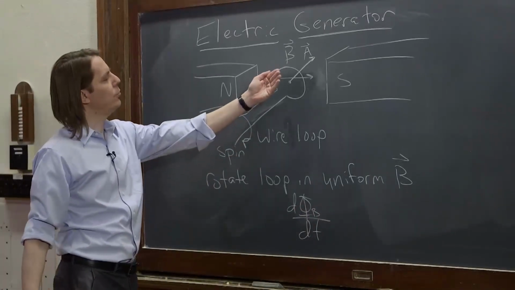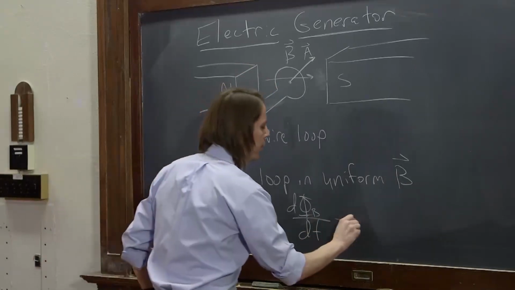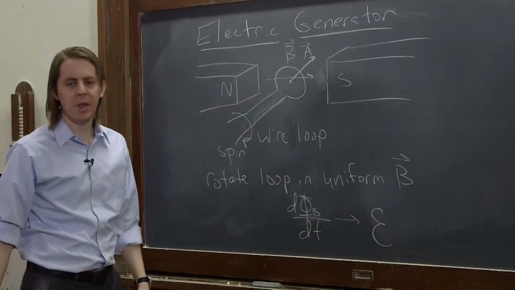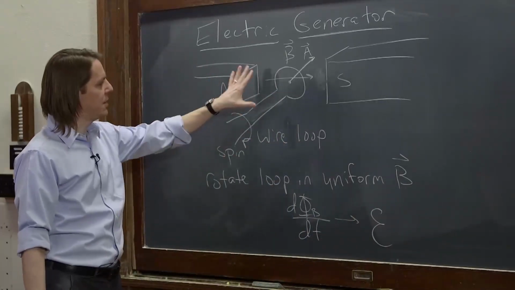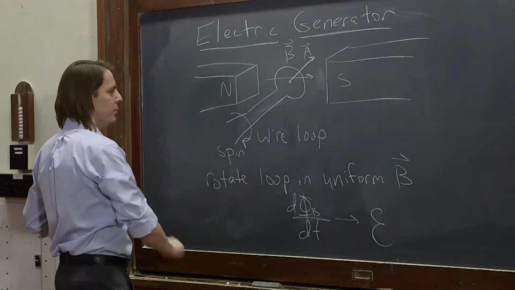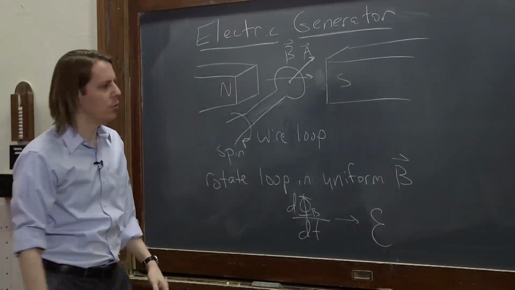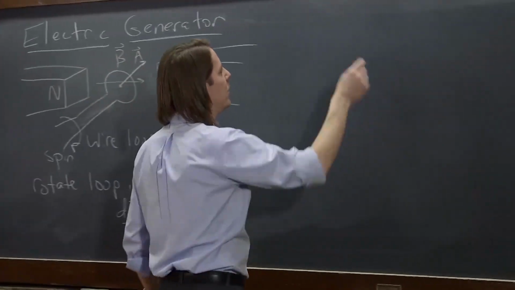The magnetic flux through the loop will change in time, so therefore we'll get an EMF. So this is how you can induce an EMF in a circuit by rotating a wire loop. So let's look at what we would get.